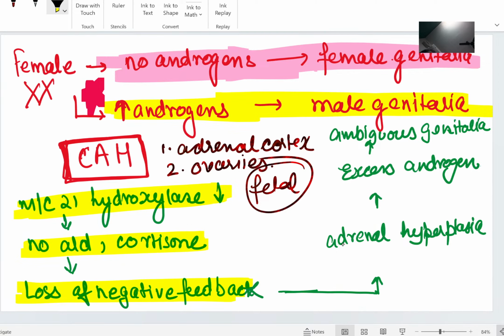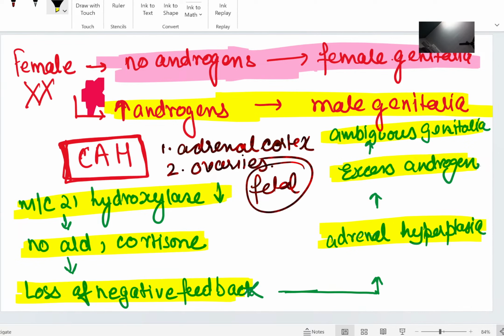Due to this, the adrenal cortex pathway keeps on running day and night. There is adrenal hyperplasia, and due to that and the pathway running day and night, there is excess androgens, and that leads to ambiguous genitalia, or you can say the male genitalia in the female.